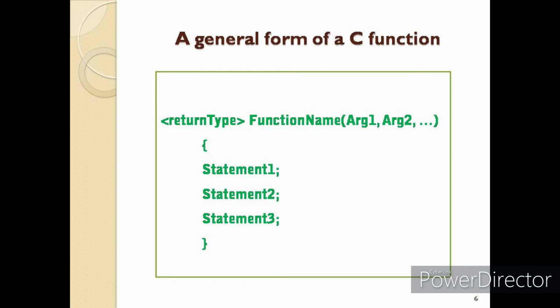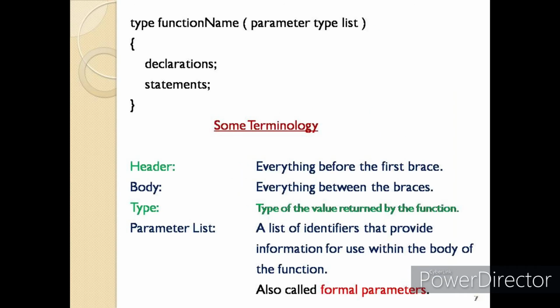Whatever statements we write inside the braces form the body of the function, and the type refers to the return type. That means if the function is returning some value to the calling function, what kind of value it is returning is indicated by this type. Then the parameter list: these are the inputs to the function, and these parameters are otherwise known as formal parameters.